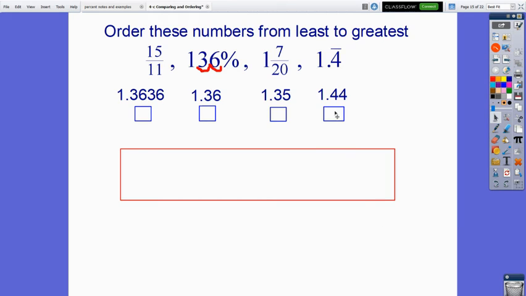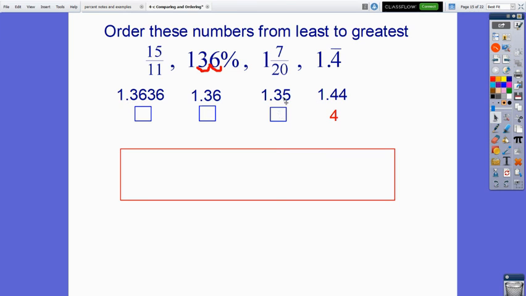All right, so now we go to these boxes. Which one of these numbers is the smallest? Well, it's not this one. This one is the largest because it has a 4 in the tenths place. So you could right away mark that off as the fourth, the largest of these values. These all have a 3 in the tenths place. So then to the hundredths place, 6 and 6 and 5.